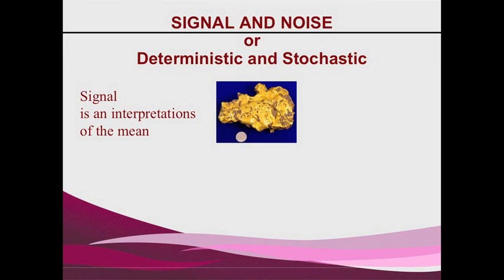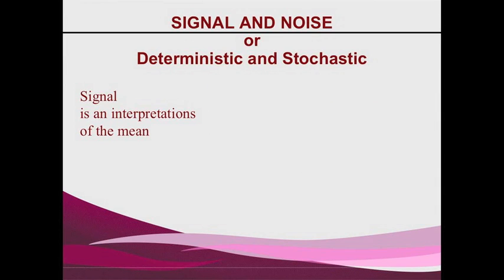For example, imagine we have a gold nugget and we try to weigh it. If we weigh it 100 times, we want to see what the actual weight of the nugget is.